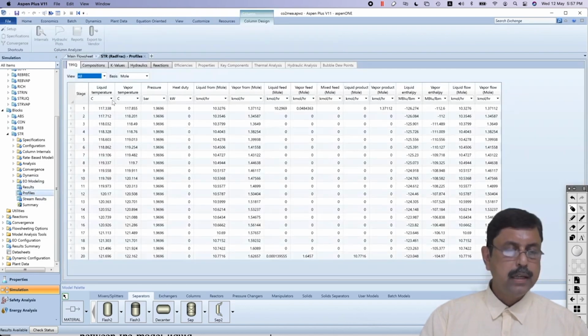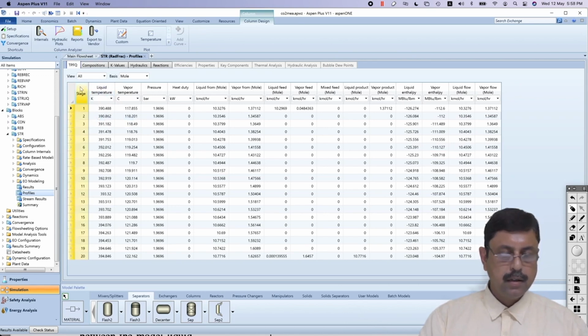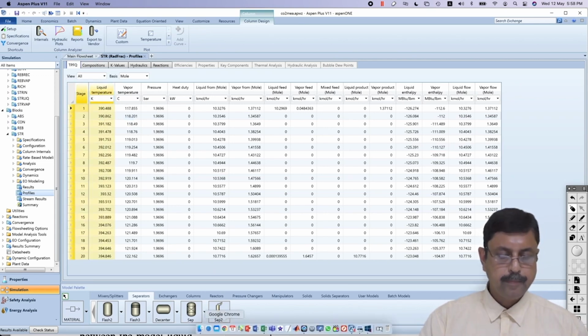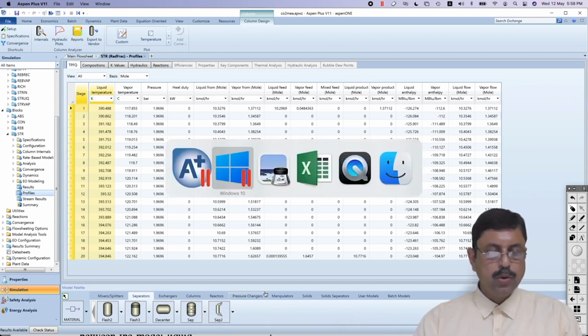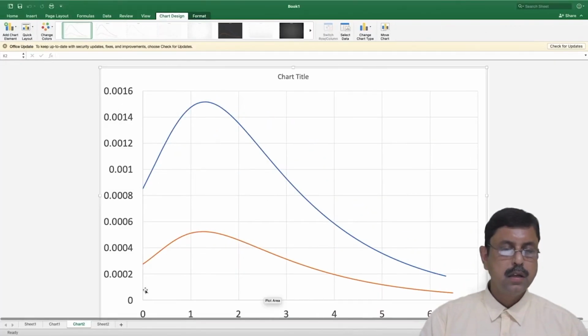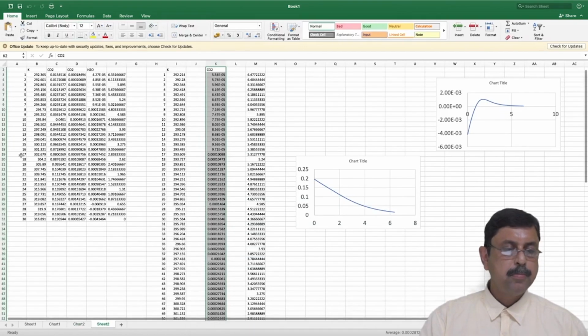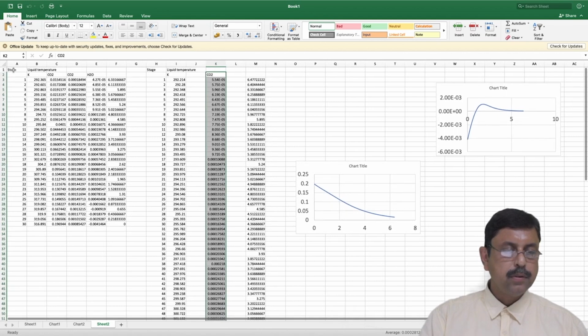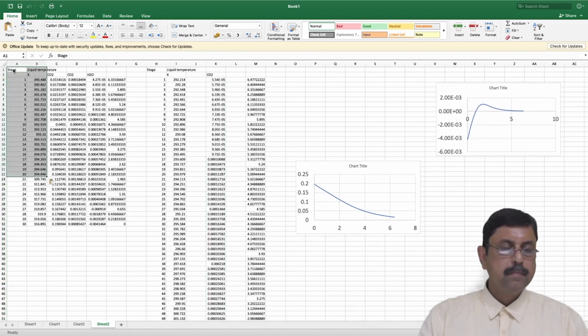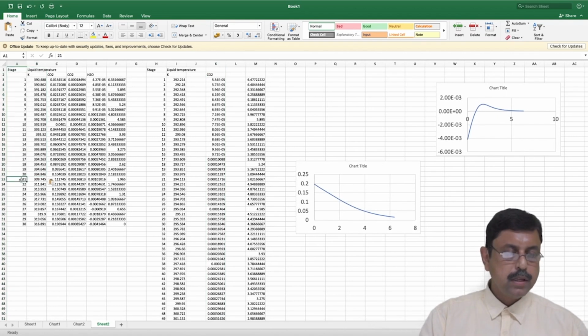Profile, this is the liquid temperature, convert into Kelvin, and then copy and go to this one. So we'll check only this up to this point.